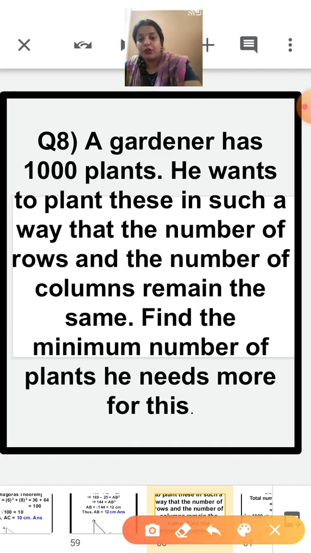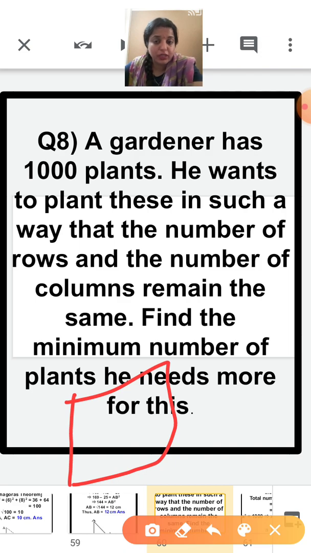Okay, so why the shape of a square? Because the question is saying that the number of rows and number of columns should be the same. When rows and columns are the same, it means it is somewhat like a square. Like we have done that square question, the area of a square is given to you and you need to find the length of the side.